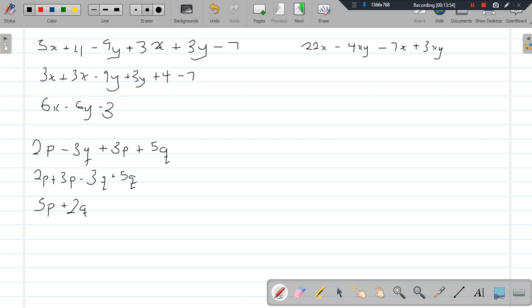So I have my 22x here, then minus, yes, it is negative, so still minus 7x. Then let me take my other variables, which is xy, have negative 4xy, then plus 3xy.